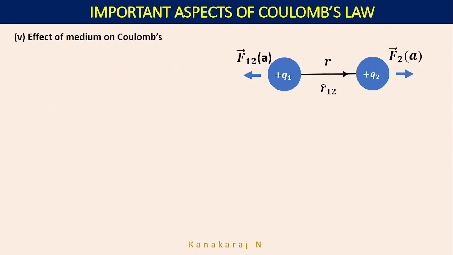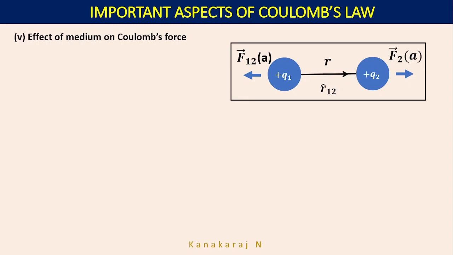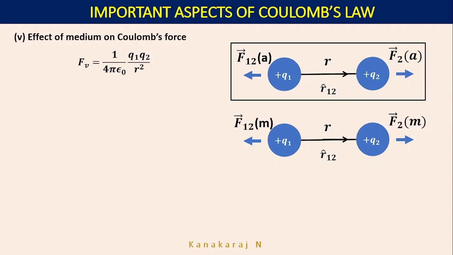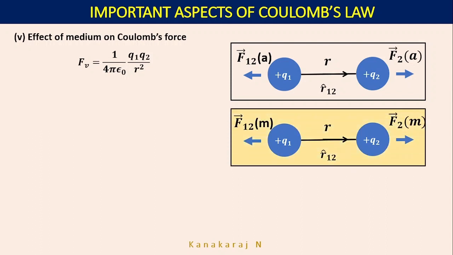Effect of medium on the Coulomb's force. Here you have the air medium, in which two charges separated by distance R are placed. The force between these two charges in air or vacuum equals 1 by 4 pi epsilon naught Q1 Q2 by R square. The same system is now placed in a medium, okay?